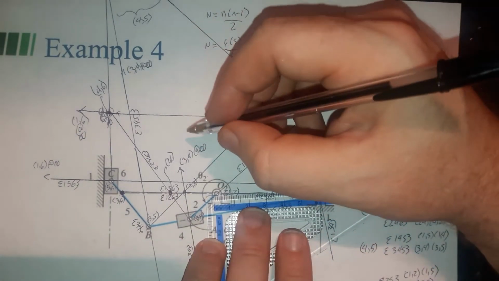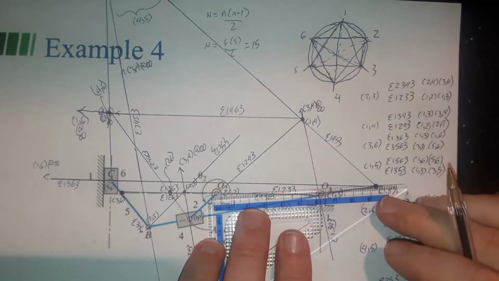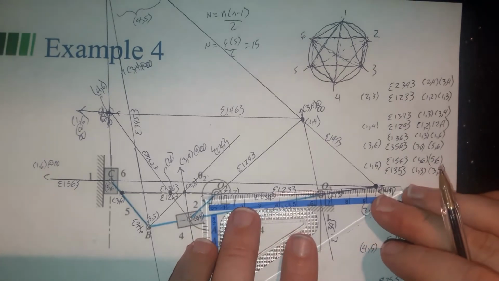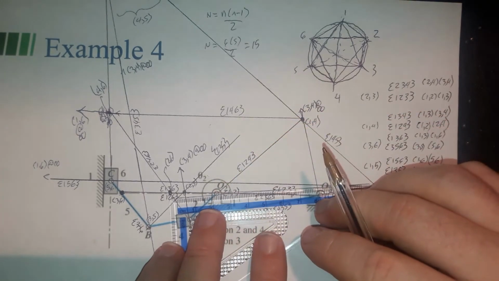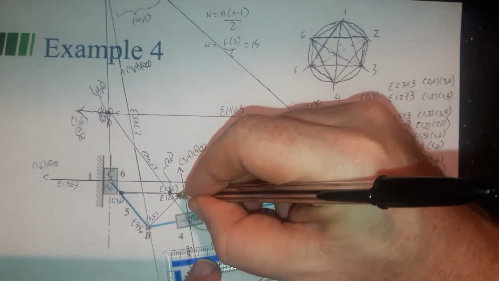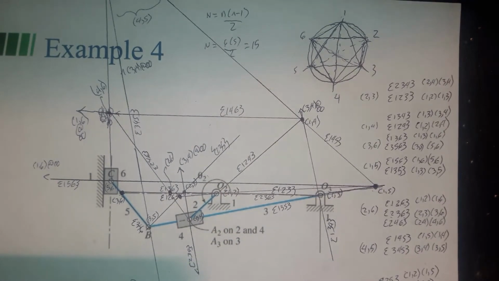So this was my 2, 3, 5 line, and my 1, 5, 1, 2 line goes right here. I can just extend that out. And so that one actually lands really close to point 2, 3.